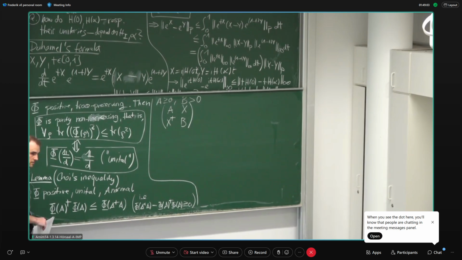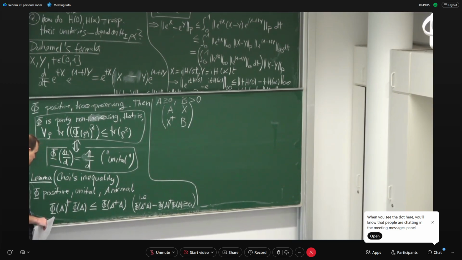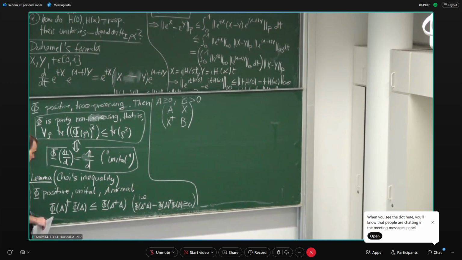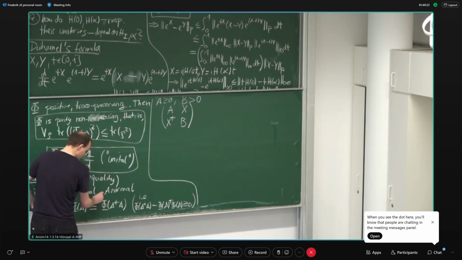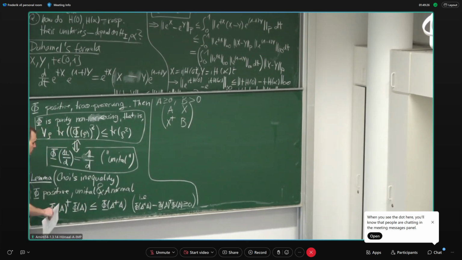What does it mean for a non-Hermitian matrix? Sorry, so phi is a positive map. So it maps positive operators to positive operators. The assumption needed for this to be true is that A is normal.